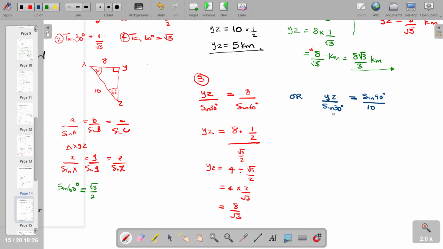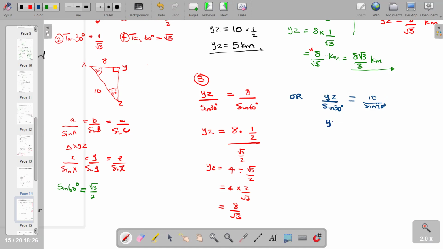Can you please take note there? The side is on the numerator. So it's supposed to be equal to 10 over sine 90 degrees.